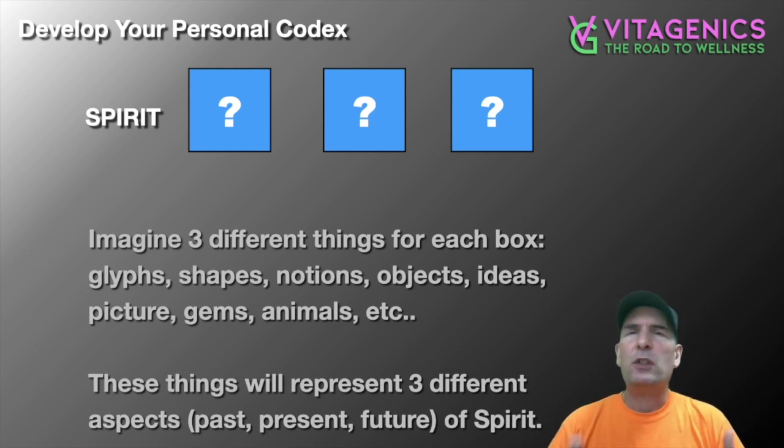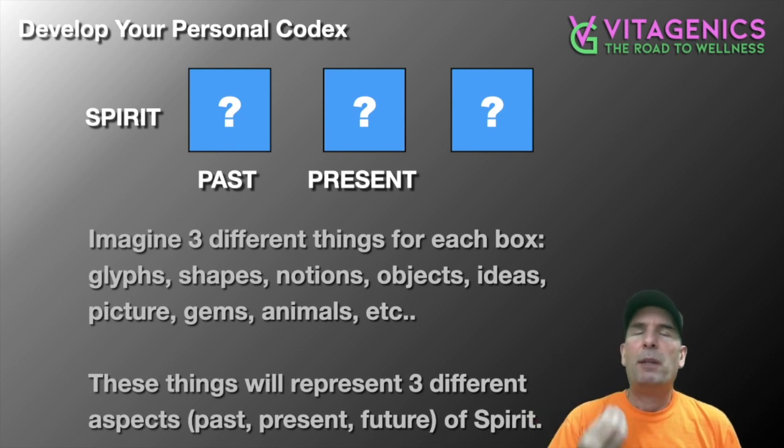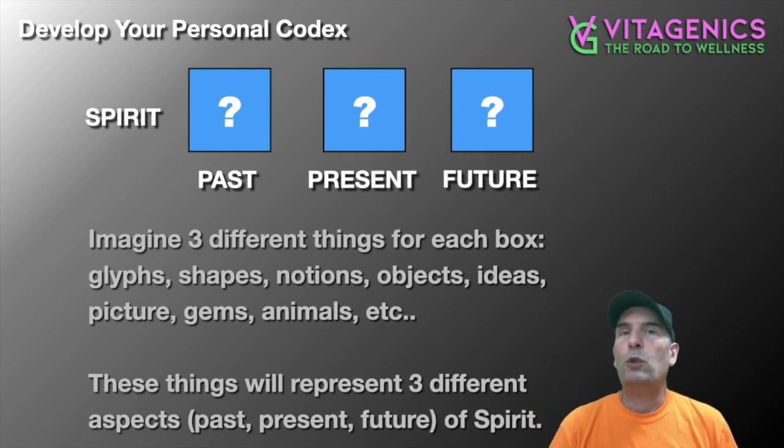They can be glyphs, notions, ideas, words, pictures, images, whatever. And so you want to get in and explore this idea and think about your spirit in the past, in the present, and in the future, and try to come up with something to represent that you would hold in these blue boxes.